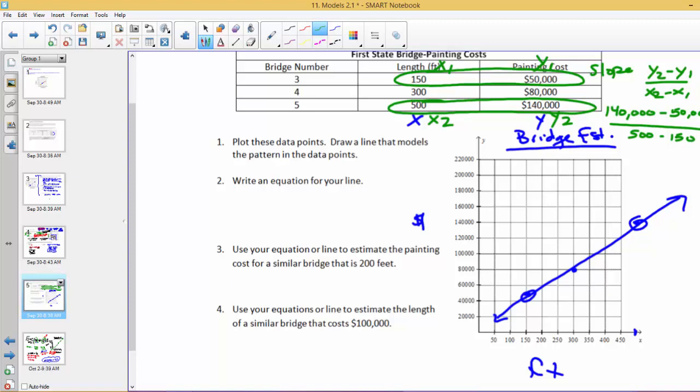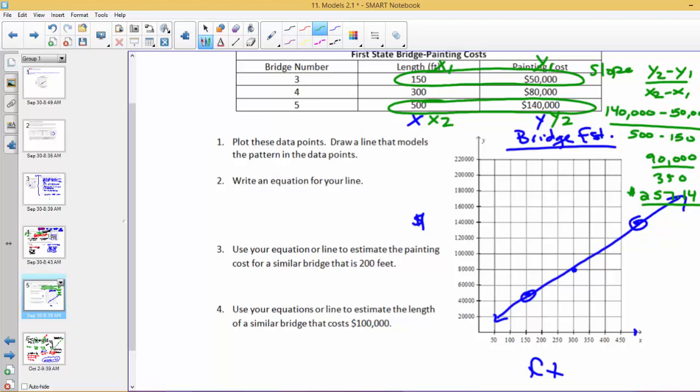So in the numerator you would have 90,000. In the denominator you would have 350. And 90,000 divided by 350 using a calculator is 257.14. I'm going to just do 2 decimals. Well, this would be the slope, so this is how much money it increases as the length increases by 1, how much more money the bridge is every time.